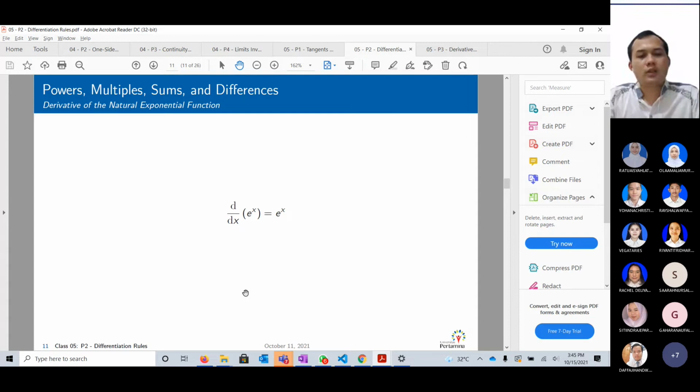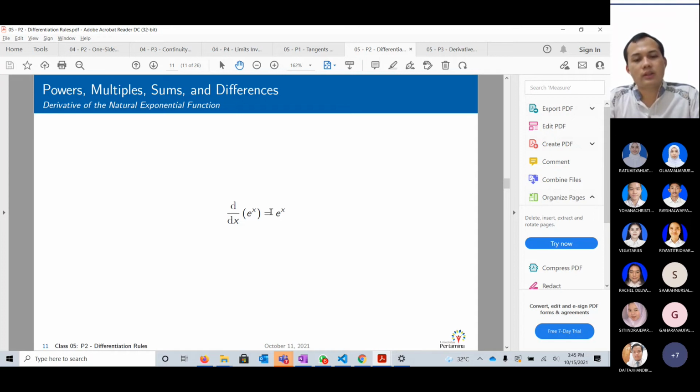Okay. Now there is one very special derivative. If we want to find the derivative of a natural exponential function, the derivative is the function itself. Jadi turunan dari E pangkat X adalah E pangkat X. Ini bisa dipahami ya. Kalian harusnya sudah belajar ini juga di SMA.